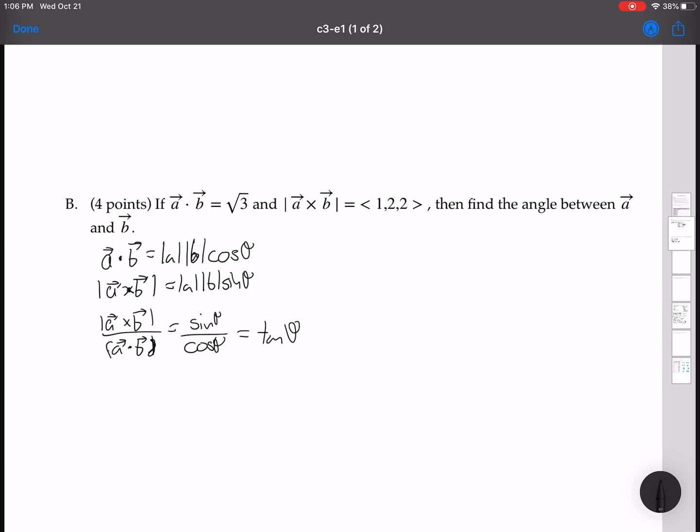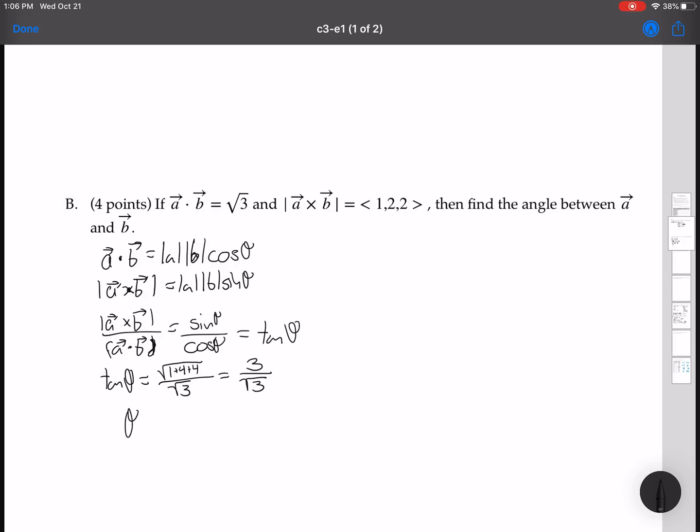So tangent of theta equals the square root of 1 plus 2 squared, which is 4, plus 2 squared, which is 4, over the square root of 3. So that's 4 plus 4 is 8, plus 1 is 9. The square root of 9 is 3, so that's 3 over the square root of 3.